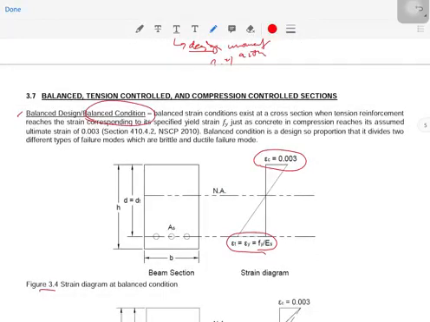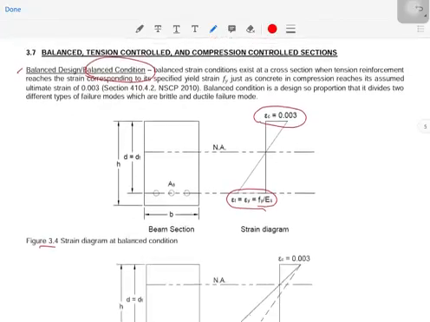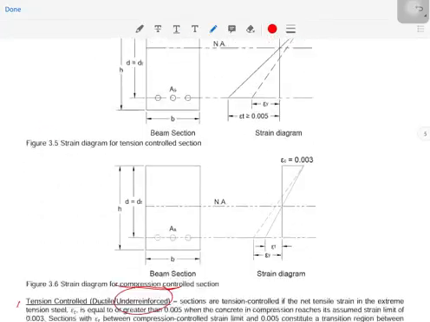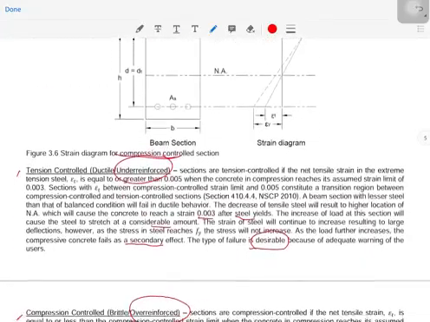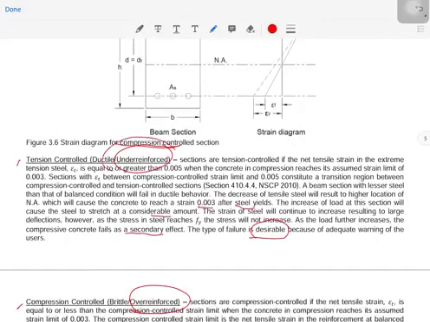Now balance design or balance condition. So the most desirable, guys, the most desirable design is the under reinforced design, or the tension control design. So it was mentioned already here that it is desirable, since there is an adequate warning of the users.